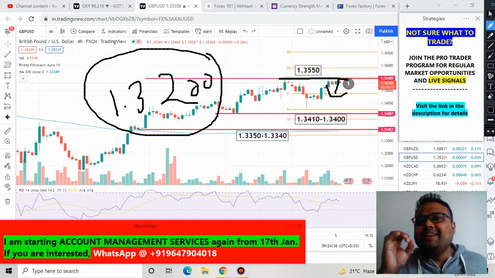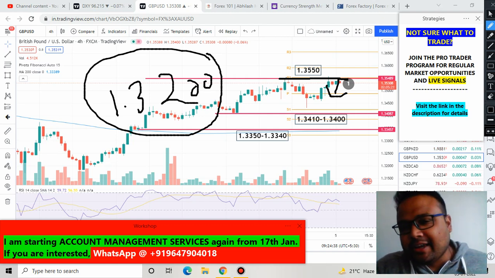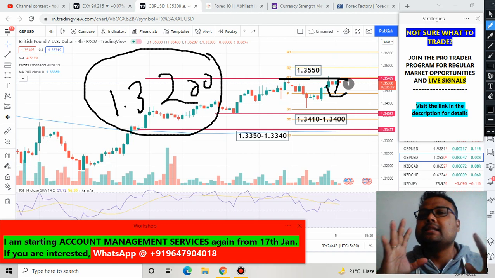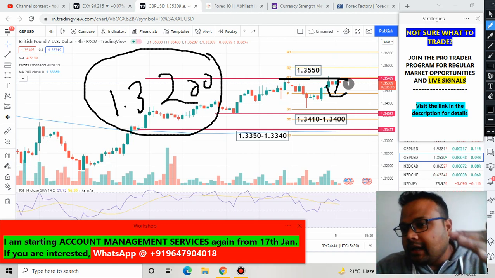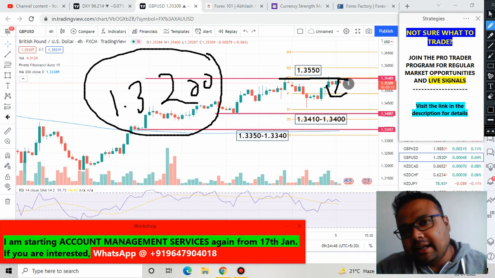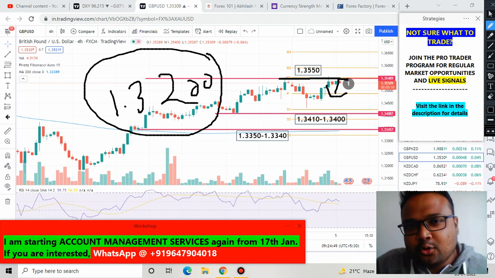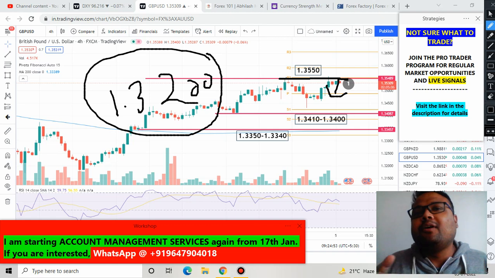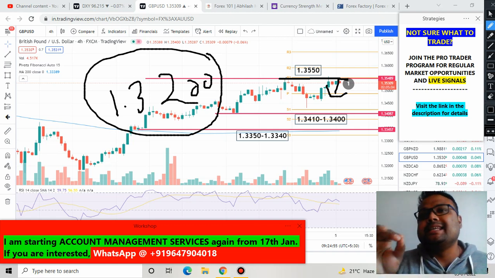Anyways, if the market breaks the resistance and starts going up, what you need to do is wait for 3 to 4 hours and observe the market. Because if there is a breakout, there is also a false breakout. To protect yourself from the false breakout, the waiting period is essential.